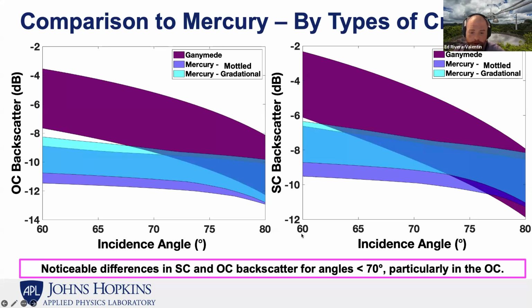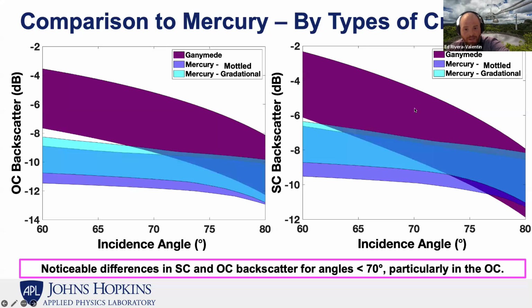And note that I'm restricting the incidence angle range between 80 and 60. So this isn't just an over prediction of the model. 80 and 60 is where the data exists in terms of the incidence angles for the radar backscatter from the PSRs. I'm not showing you less than 60 because the minimum incidence angle over the regions is within this terrain here. So it's not an over prediction of the model.